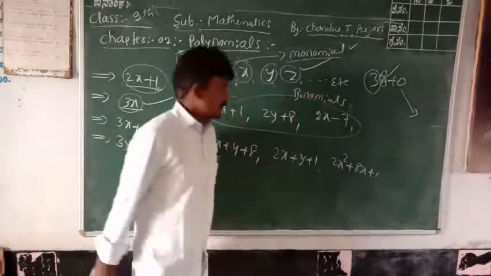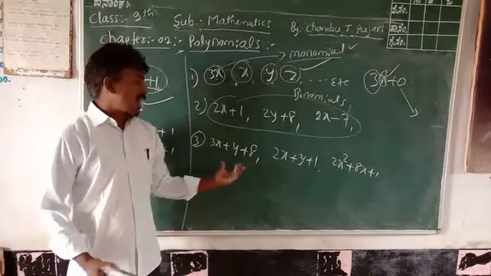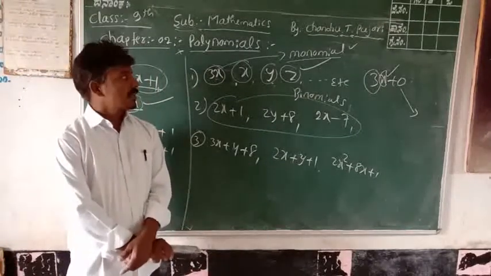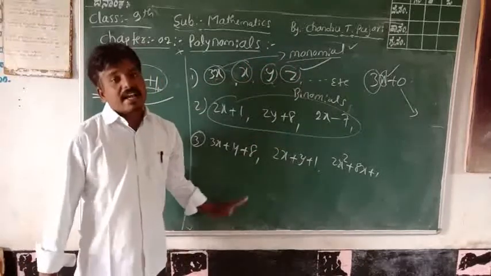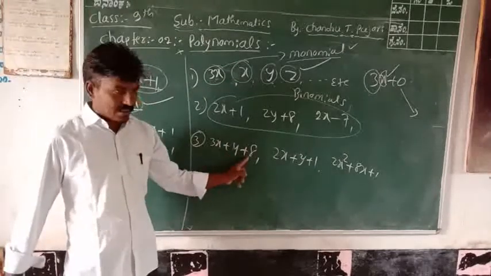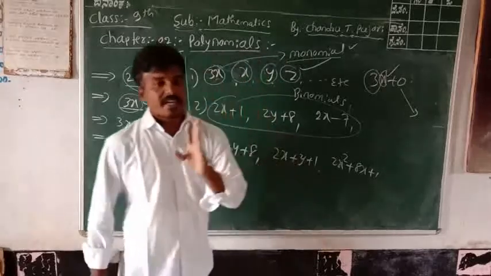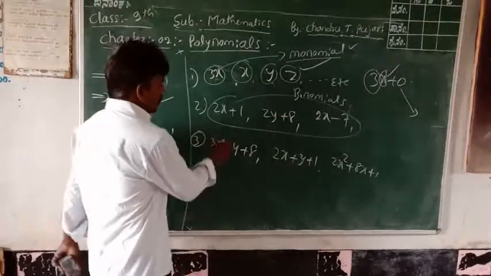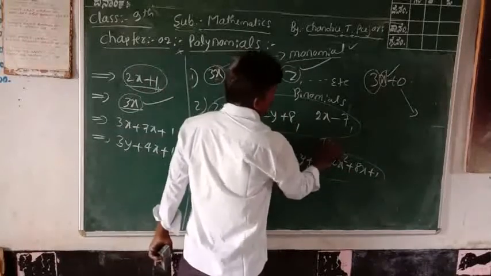These three examples are trinomials. First is monomial, binomial, trinomial. Trinomial means there are three terms: first term, second term, third term. Therefore these three algebraic expressions are trinomials.